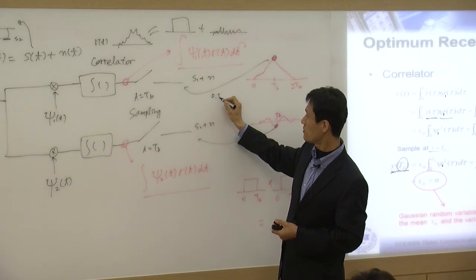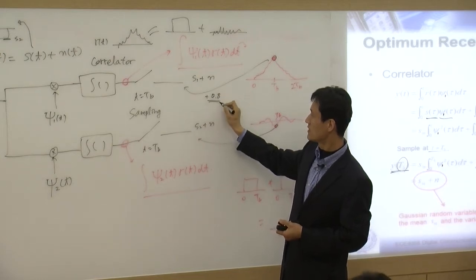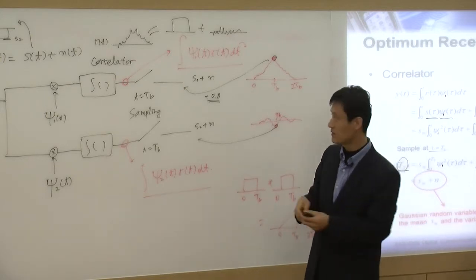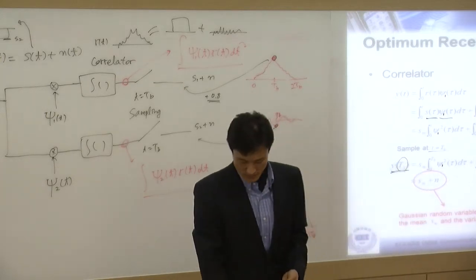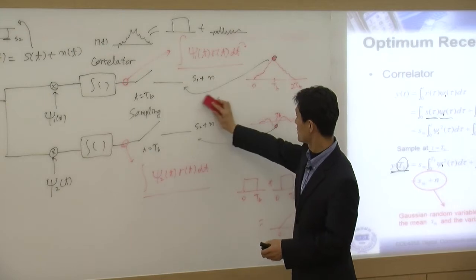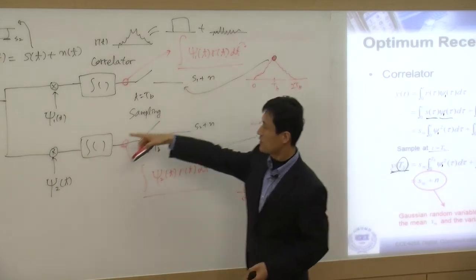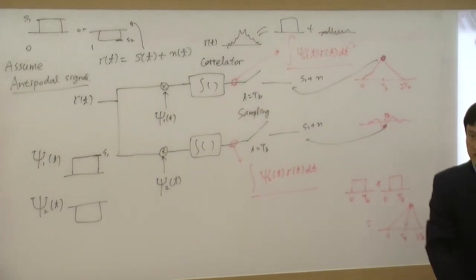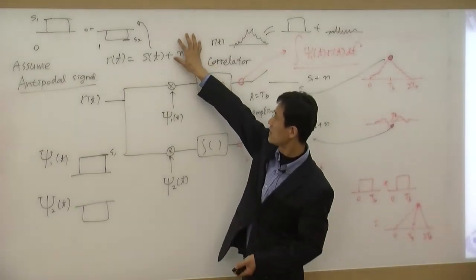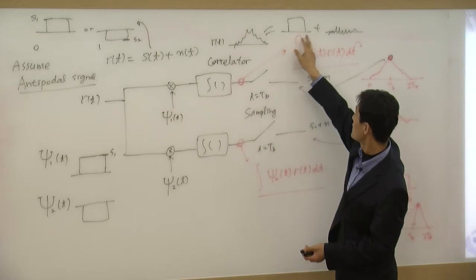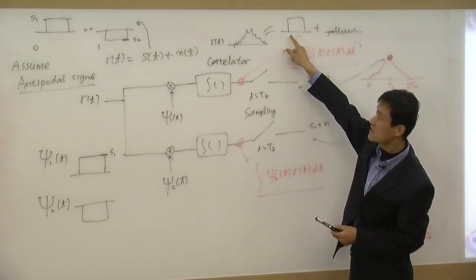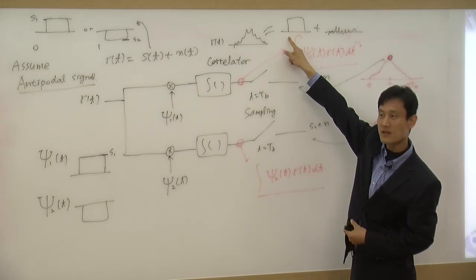Okay, positive 0.8 is just an example that I gave you. What is actually received here is going to be the original perfect S1 plus N. Let's say there's no noise. Forget the noise. If there's no noise, then in this picture we have no noise, so we're going to receive this, right? This is r(t).